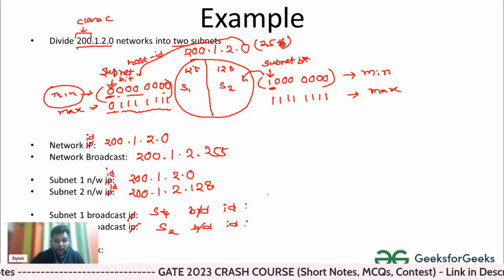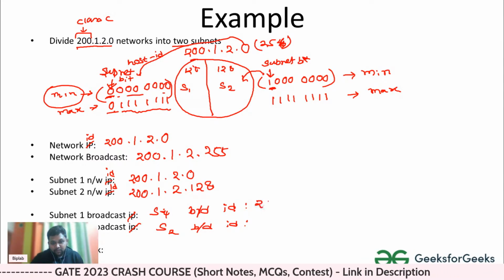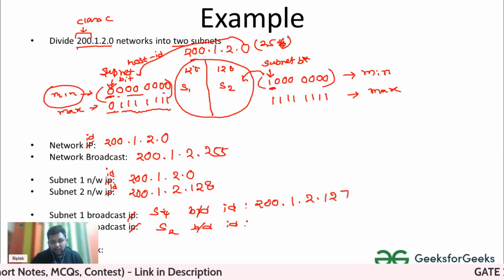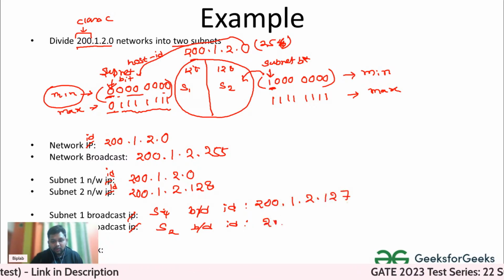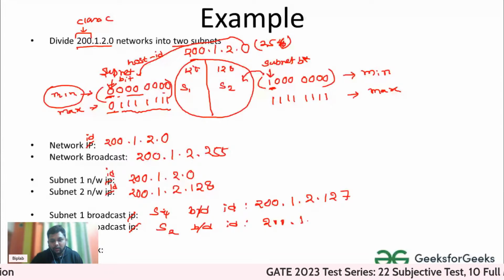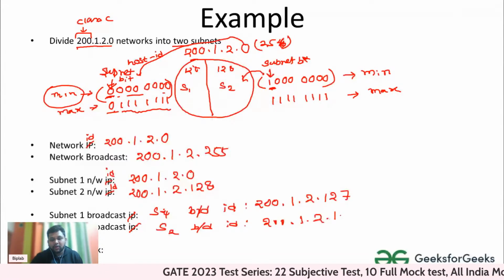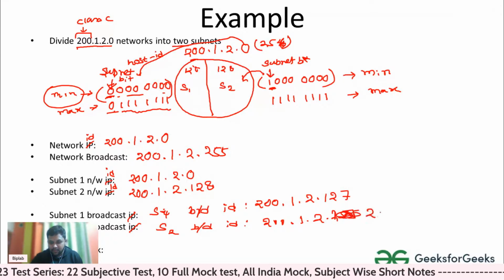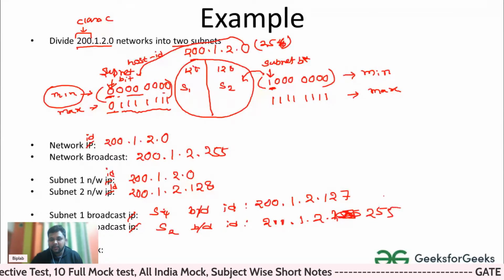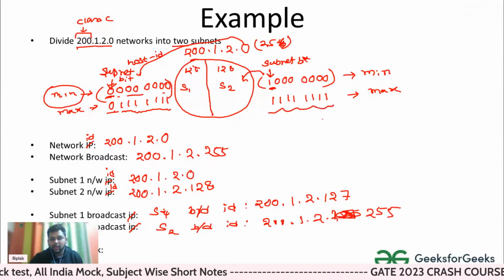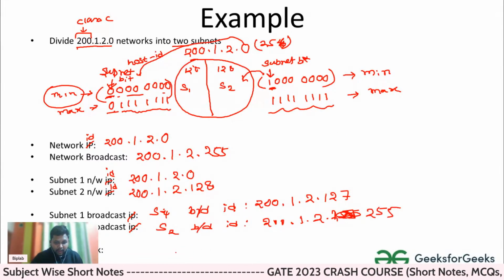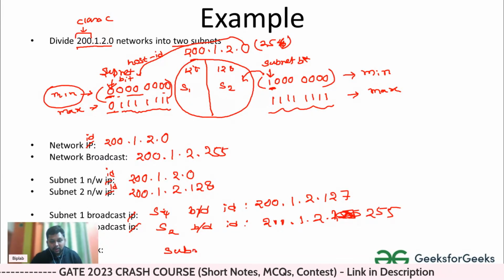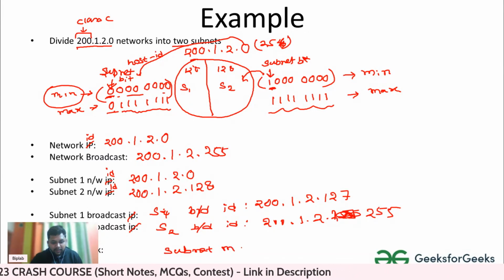It will be 127, 200.1.2.127. And 200.1.2.255 when all are 1, this is for subnet 2. And you are also asked to find out the subnet mask.